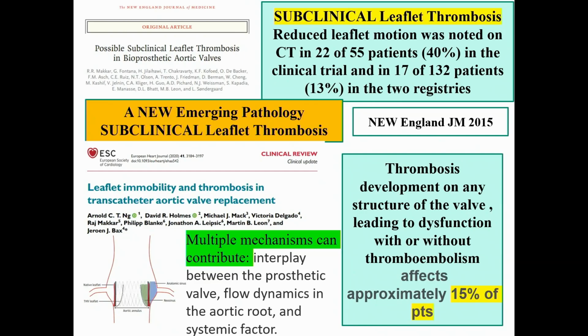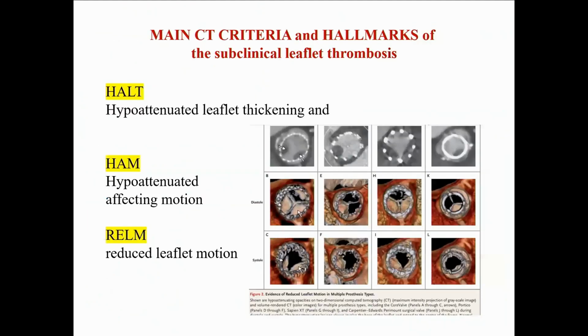Alternatively, we may have a subclinical leaflet thrombosis, and thrombosis developing on any structural valve leading to dysfunction may affect these cases, particularly in biological prosthesis and after TAVI, in up to 15% of the patients, even though it's subclinical.